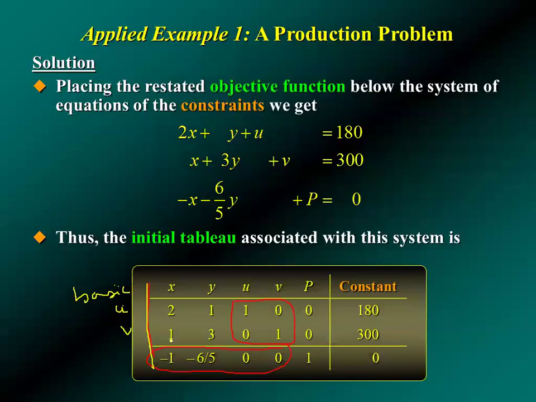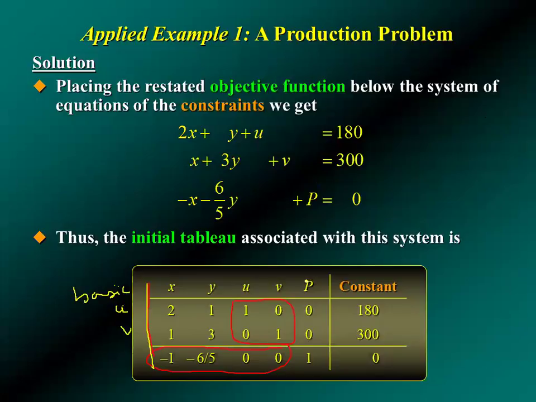And because of the nature of this identity matrix, I can read off u equals 180, v equals 300, and all the other variables are equal to 0.